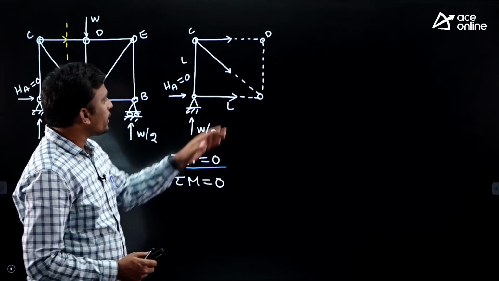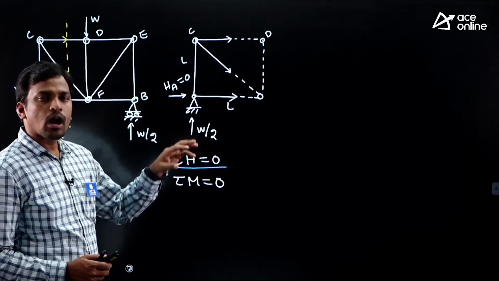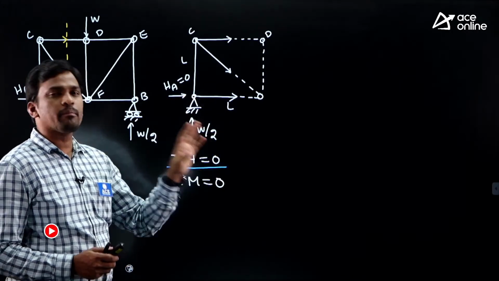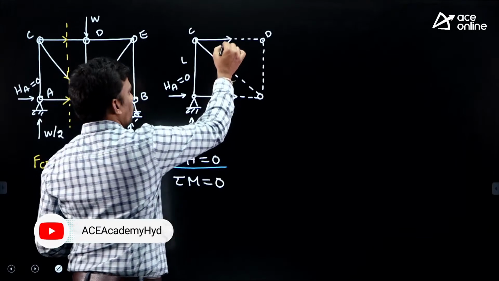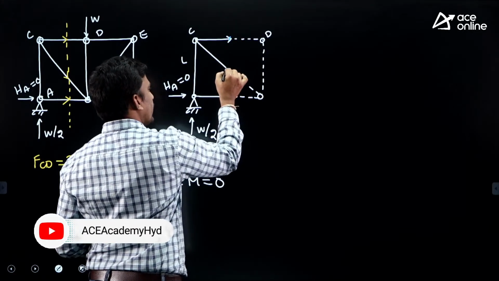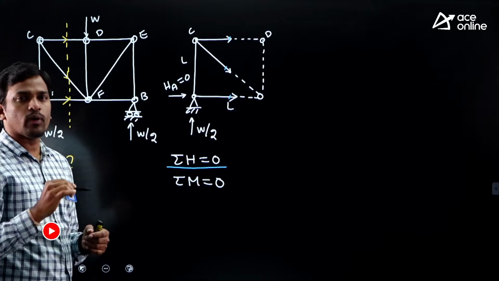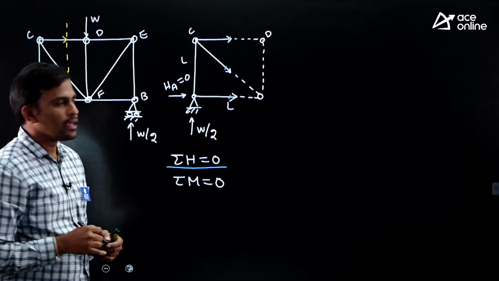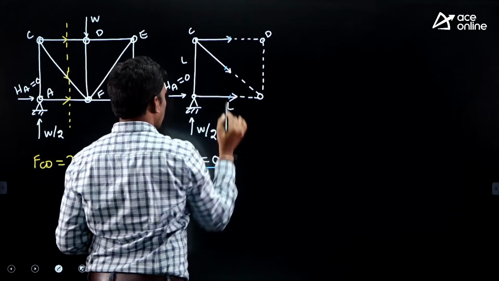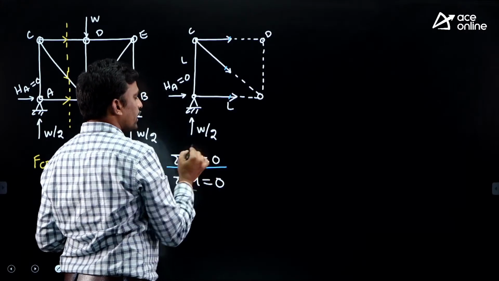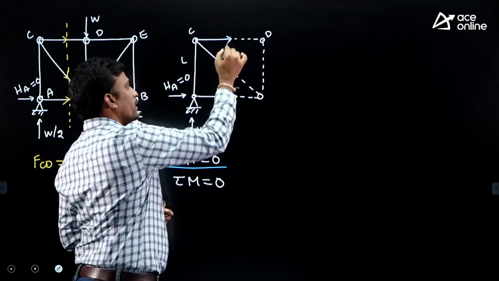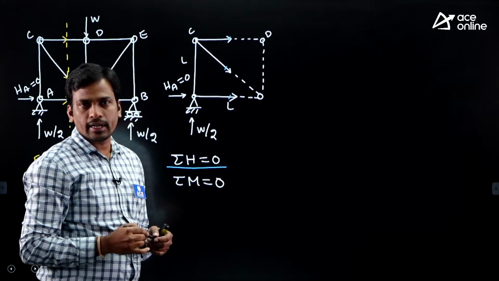Now tell me, in this free body diagram, how many horizontal cut members are present? 1, 2, and an inclined cut member is considered as both a horizontal cut member and a vertical cut member. Okay, it means 3 horizontal cut members. Now using one horizontal equilibrium equation, can you find the 3 horizontal unknowns at a time?